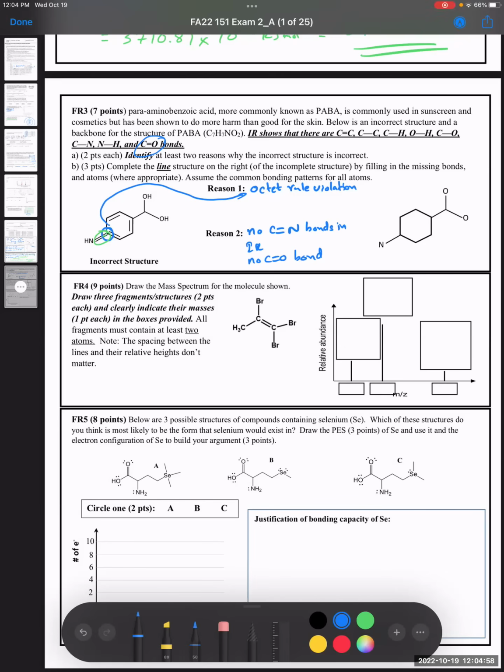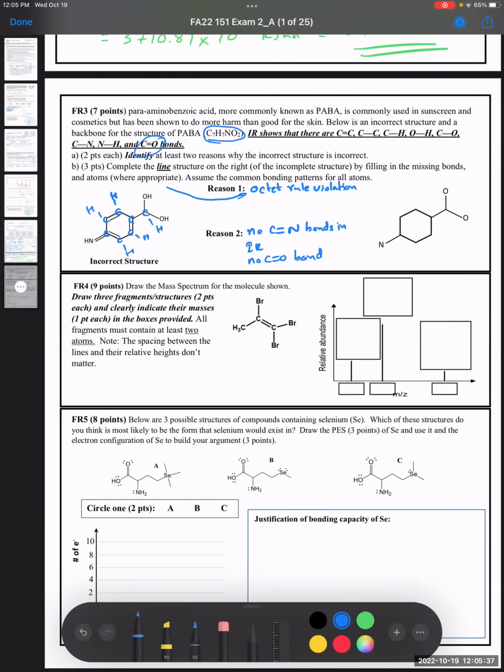And then also, you are given the molecular formula over here. We have 7 hydrogens. Let me erase this for the moment. If we look at the structure, this is carbon, carbon, carbon, carbon, carbon, carbon, and a carbon over here. And if we fulfill the common bonding pattern with carbon-hydrogen bonds, and then this should be another one over here, we have 1, 2, 3, 4, 5, 6, 7, 8 hydrogens.